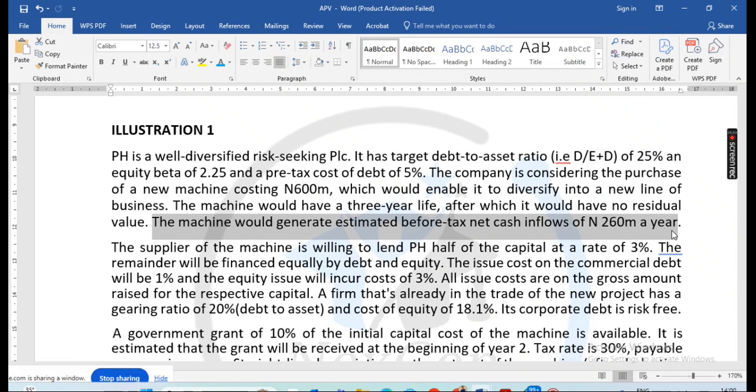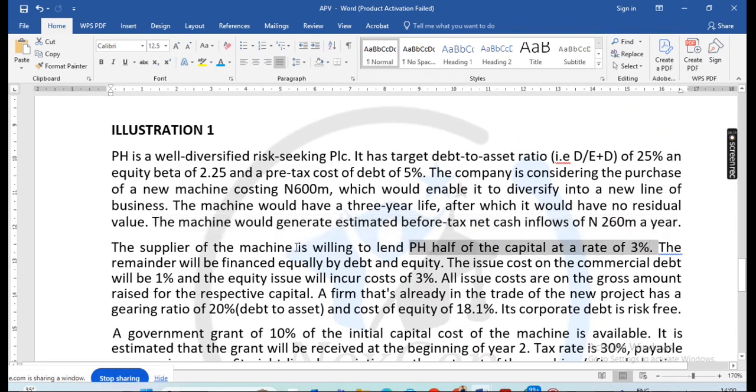The supplier of the machine is willing to lend PH half of the capital at a rate of 3%. Excuse me.